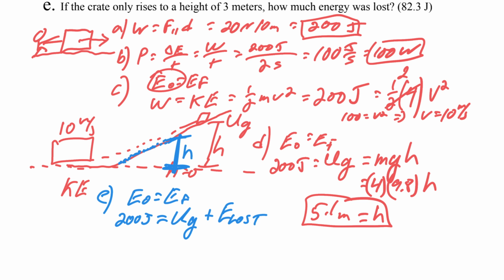That's whatever energy is left over. So we'll go mgh plus E lost. We'll sub this in. So mgh is 4 times 9.8 times 3, because it didn't go the full 5 meters, or 5.1.